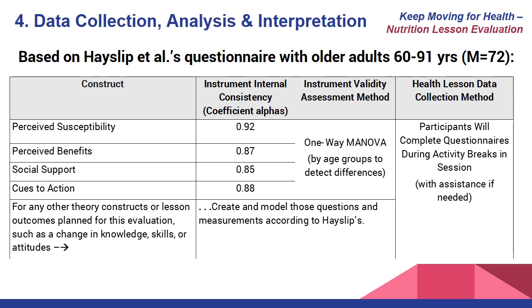They were also contrasting young versus older adults, and any kind of analysis within that, but I just focused on the older adults group. As you can see, each is well above the 0.80 requirement, or minimal, I guess, the good requirement for that level. So this is a pretty good instrument. Also, the validity method that they used was a one-way MANOVA by age groups to detect any differences.